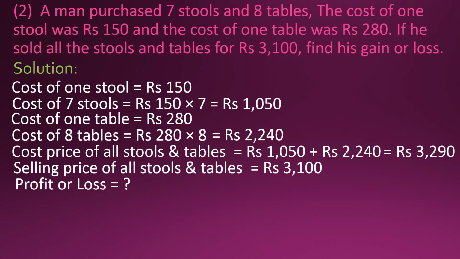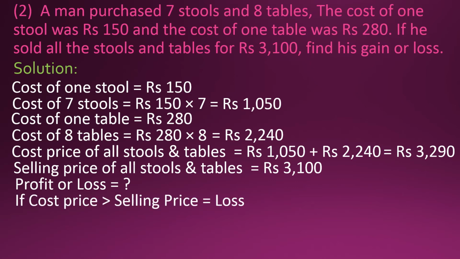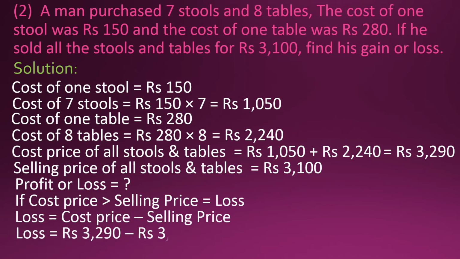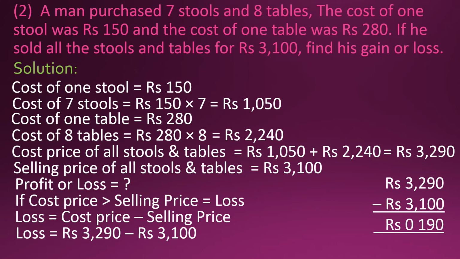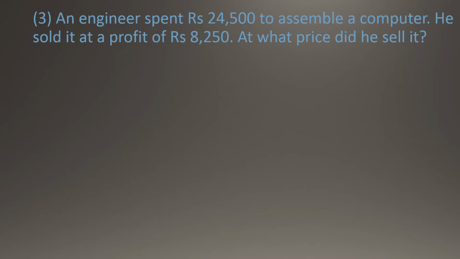Yes, cost price. And we know that if cost price is greater than selling price, we have a loss. So loss is equal to cost price minus selling price. Now put the value. Rupees 3290 minus rupees 3100. We get rupees 190. So loss is equal to rupees 190. Let us solve one more question.